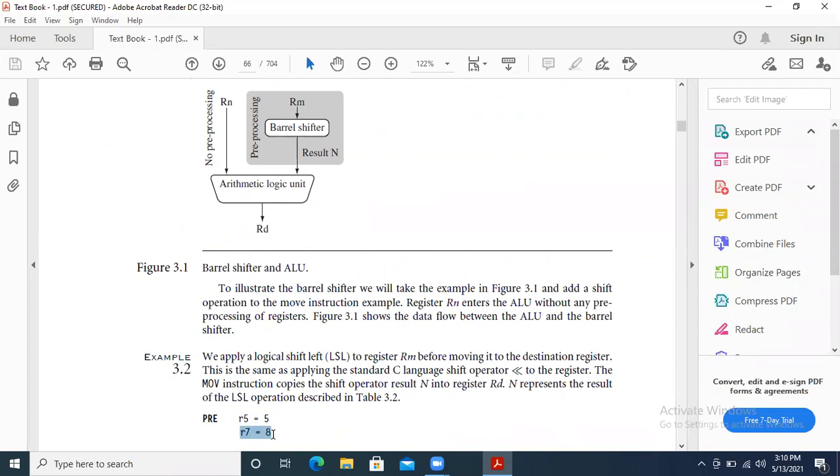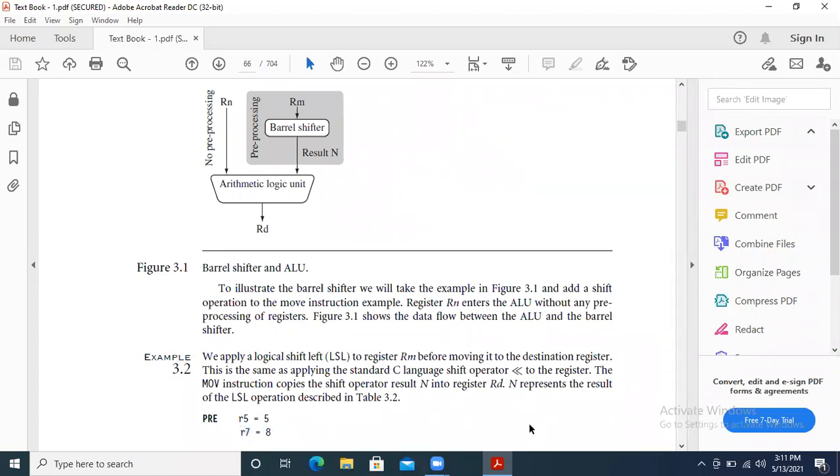Here I'm taking the same example. Is that clear? Okay, so taking these two inputs, I'm applying the barrel shifter first, then I'll apply the move instruction here.